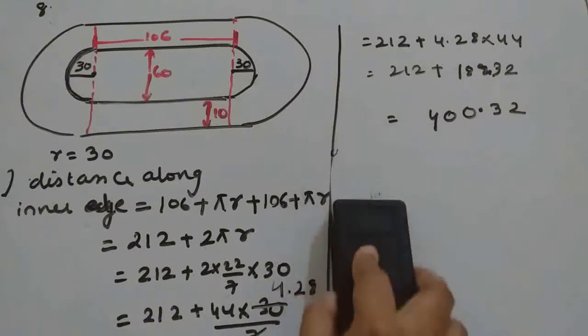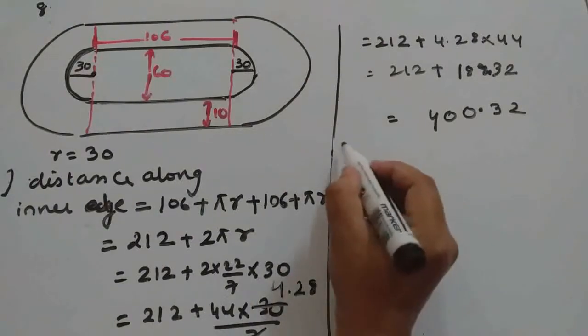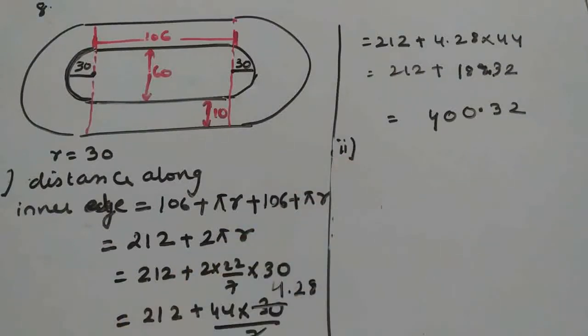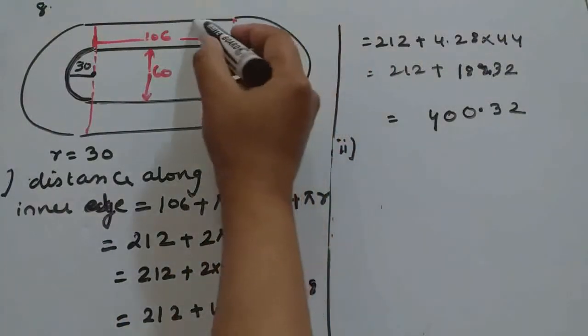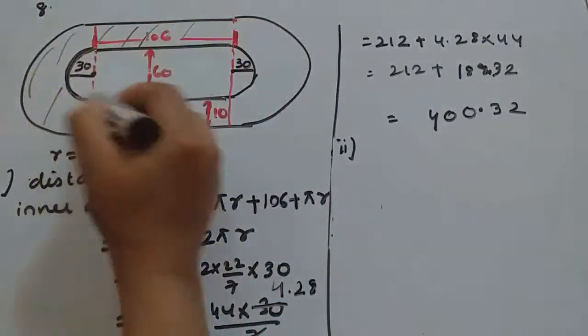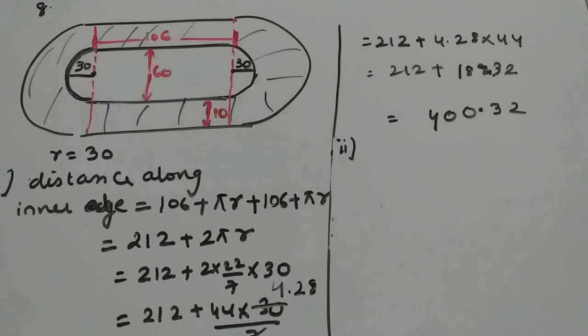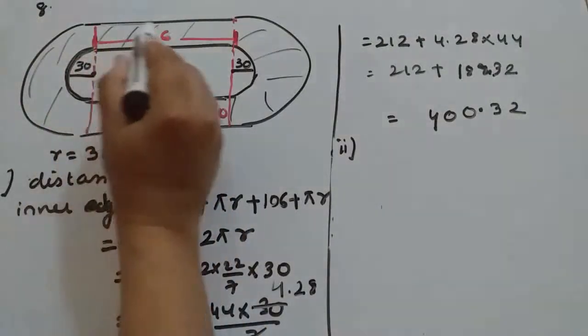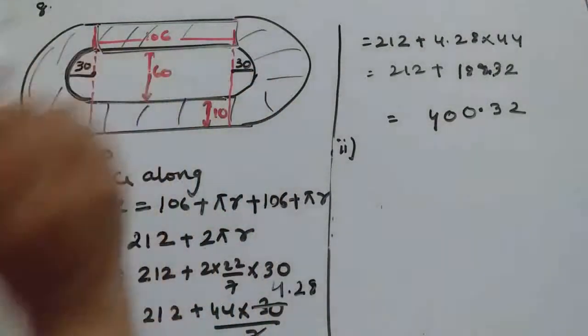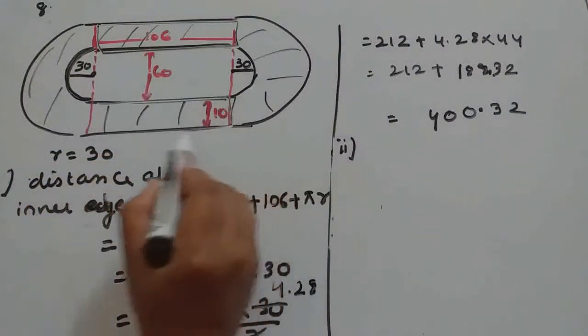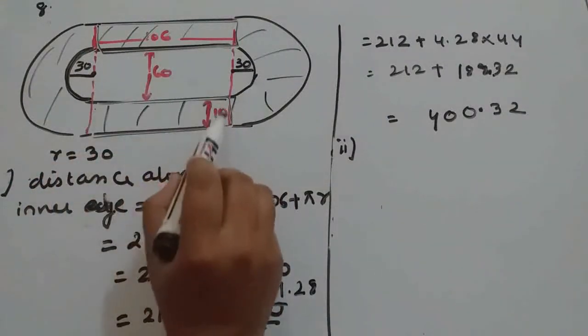Now for the next part, what should we find? The area of the track. Means this outer area we should find. So what can we do? See, this is a rectangle, this is also a rectangle of the same length and breadth.